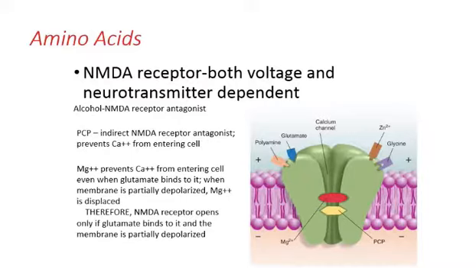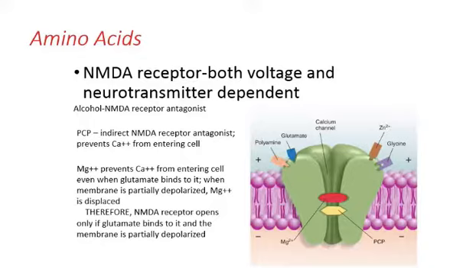This is an up-close and personal view of the NMDA receptor. What's cool about the NMDA receptor is that it's both voltage-dependent and neurotransmitter dependent. So if glutamate binds to the NMDA receptor, nothing will necessarily happen unless the cell has been partially depolarized, because there's a big old magnesium ion that blocks the channel.